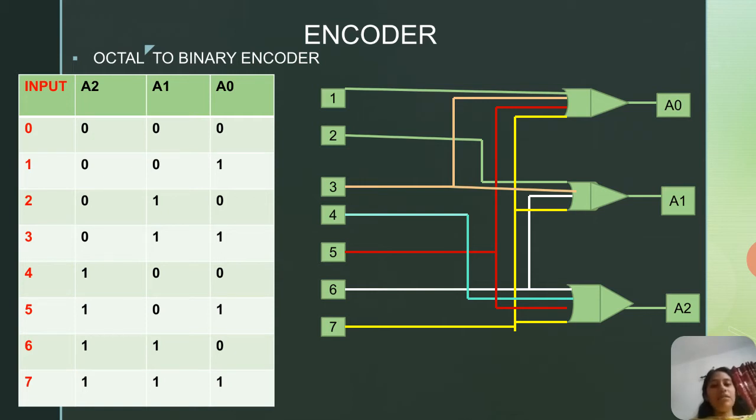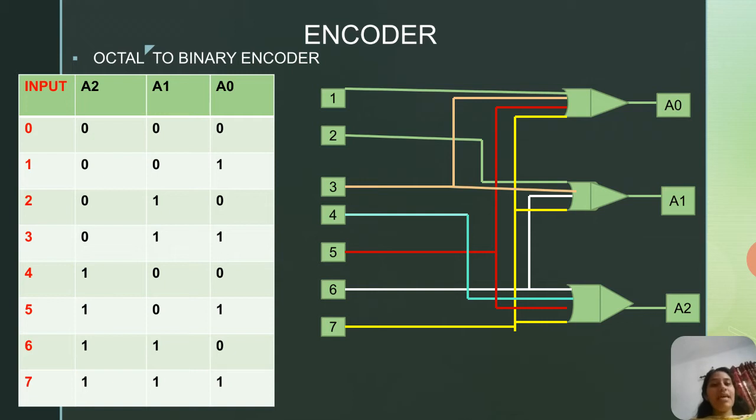They are 1, 3, 5, 7. It is not necessary that all 4 should be 1 at a time, but it is possible. Here you can use an OR gate for representing 1, 3, 5, 7 to get A0 as 1.